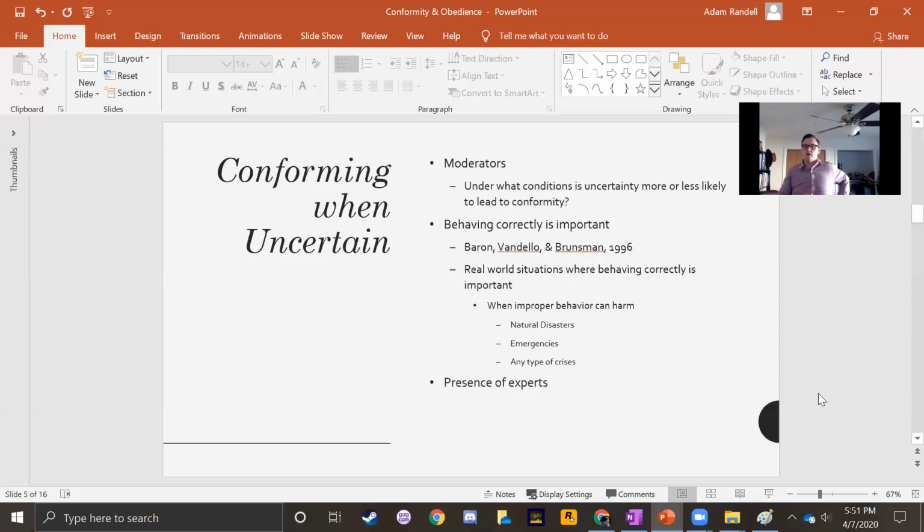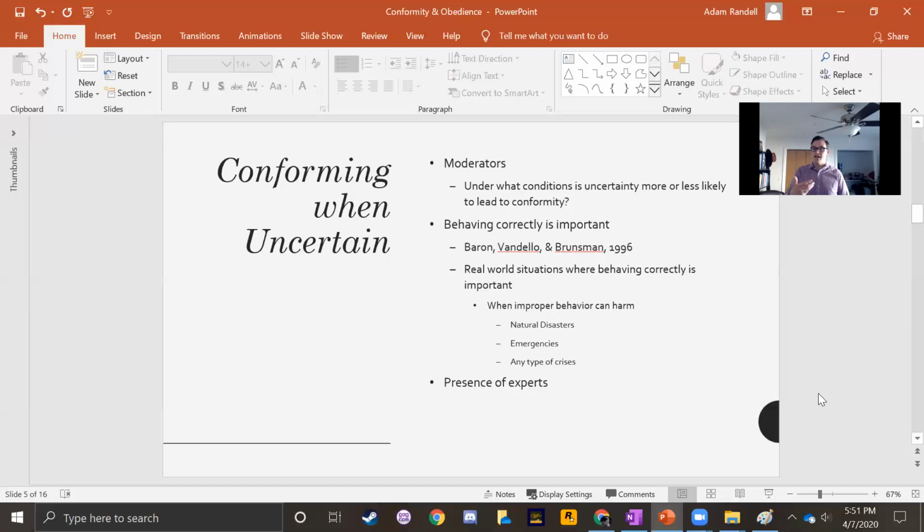So in Barron and colleagues' study, what they found is that participants conformed more when it was important to be right than when it wasn't important to be right, when they only saw the perpetrator for less than a second. All right.